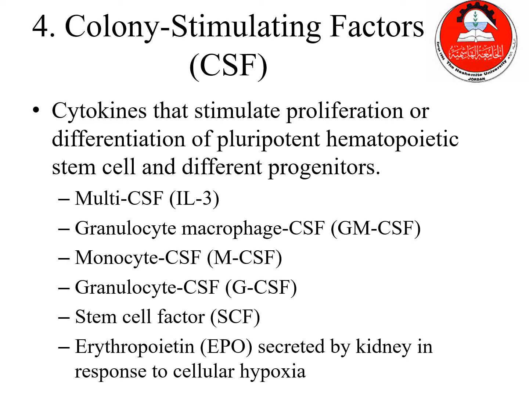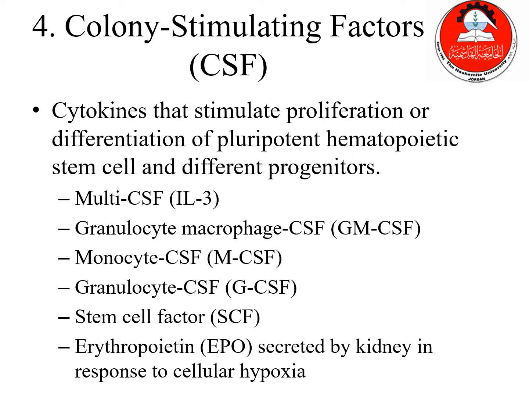The fourth type is the colony stimulating factor. Colony stimulating factor cytokines stimulate proliferation or differentiation of pluripotent hematopoietic stem cells and differentiation progenitors. So it has to do with hematopoiesis.